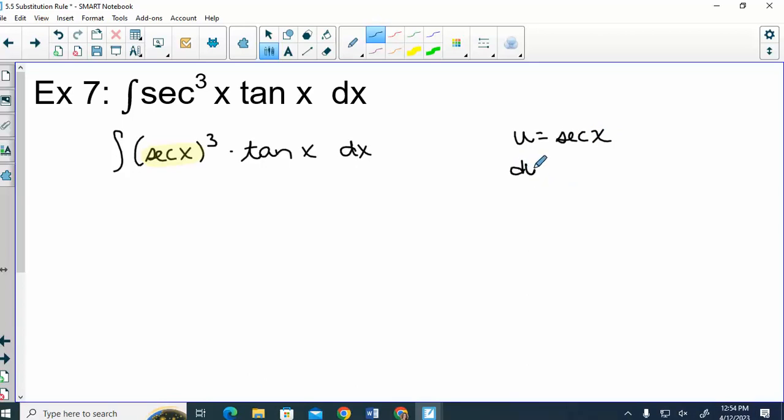What is du? What's the derivative of secant? That would get a dx. Alright, can you guys figure out how that figures in here? How would I use that?